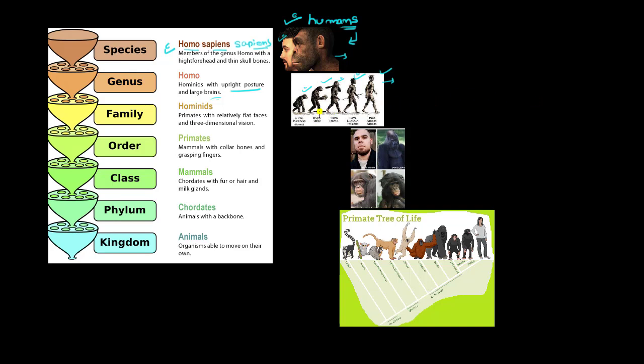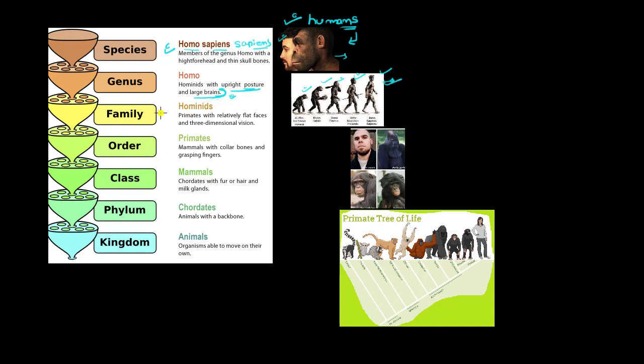But at that time we used to walk like this with two hands also. You can take an example like a monkey. Not particularly, but kind of. But we also had larger brains. So only those who have a larger brain and upright posture come together into the same genus.